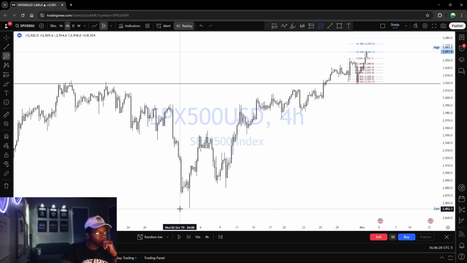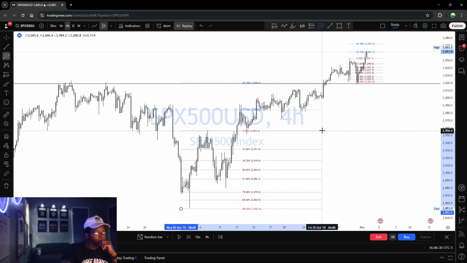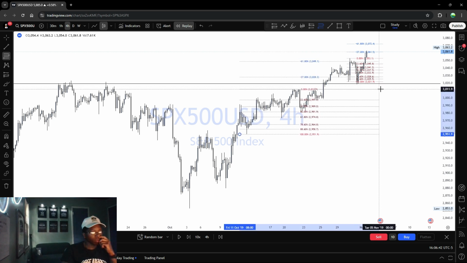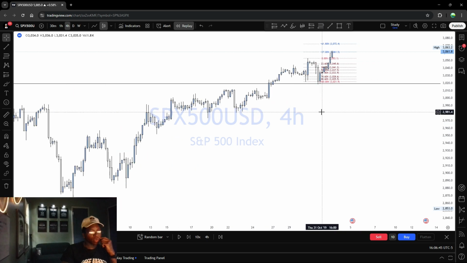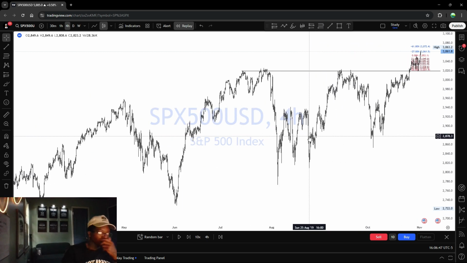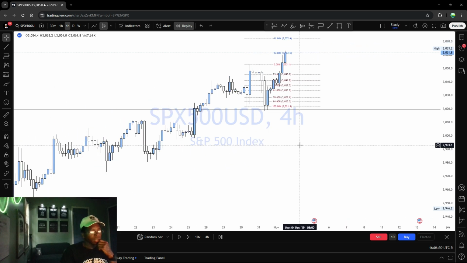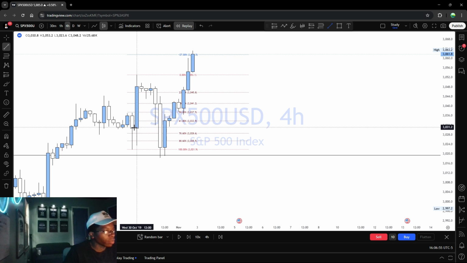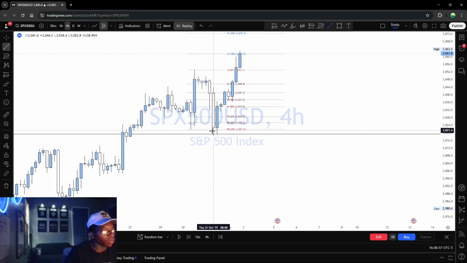What I have here, this here, the 4 hour break structure, but this is still lining up with this low, so we can leave that there.